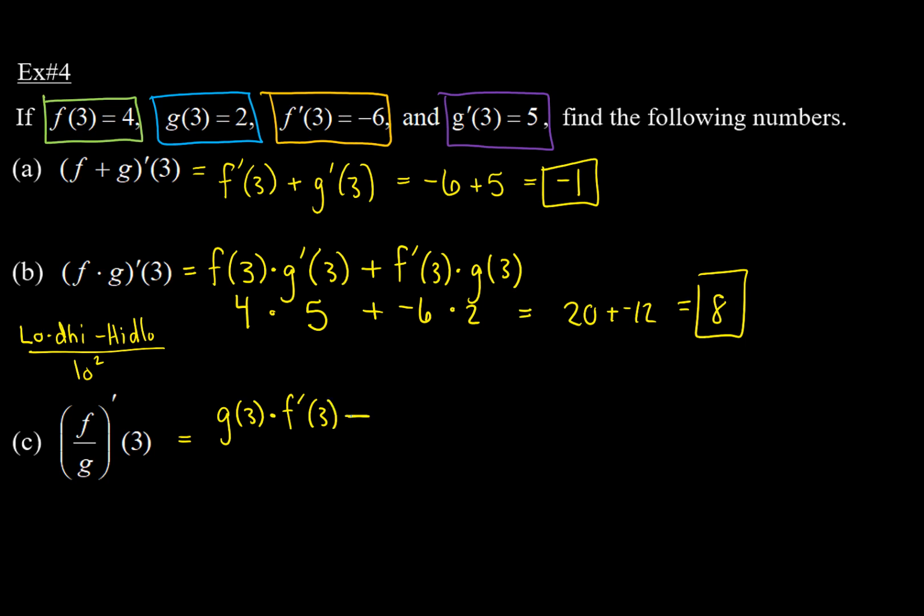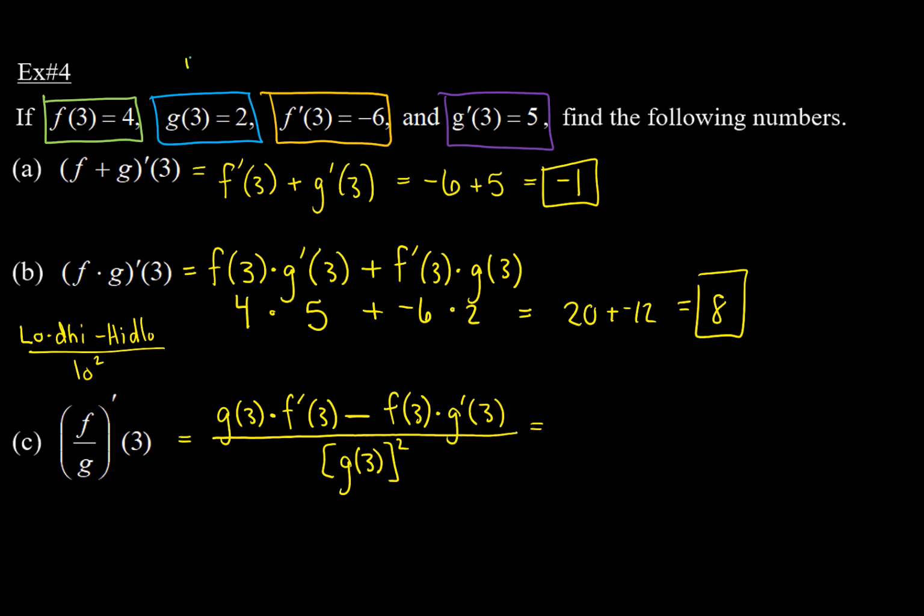And it's minus, because it's the quotient rule and we subtract. So minus the high, the regular, so f of 3, times d low, which is the derivative of the bottom one. And then this is all over the low squared.